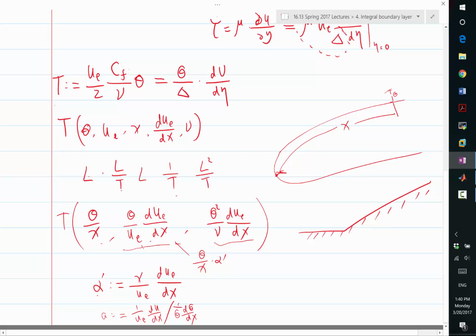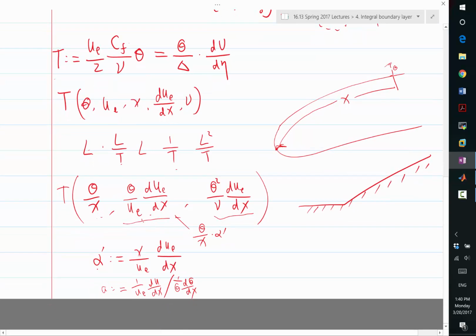The first one falls apart even for the Blasius boundary layer because theta over x changes. And the second one is constant for the Blasius boundary layer but falls apart for stagnation point flow, because theta is constant and UE increases proportionally. The third one seems to be right for both cases, and we can actually show that it is a constant for every member of the Faulkner-Skan family.